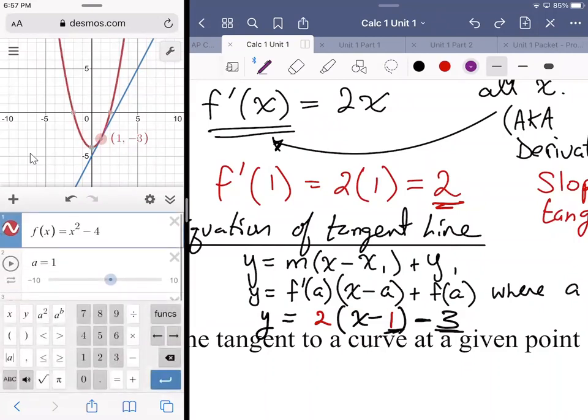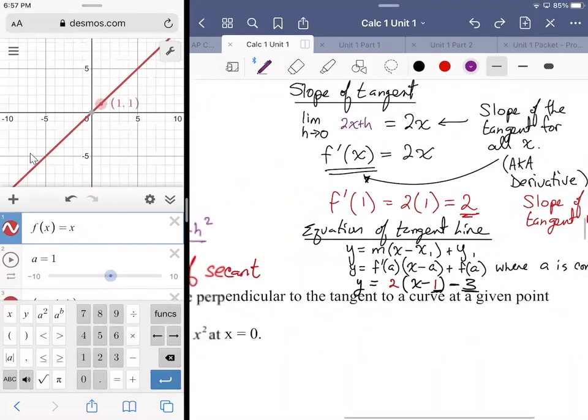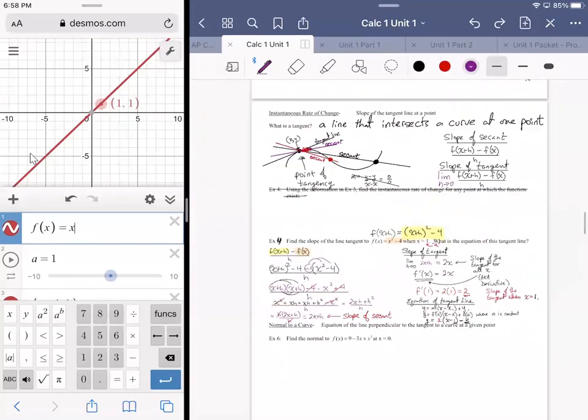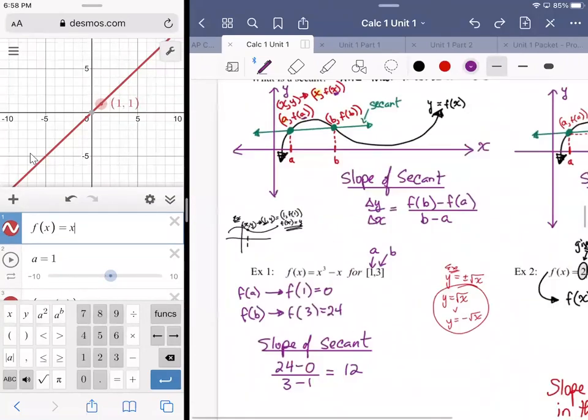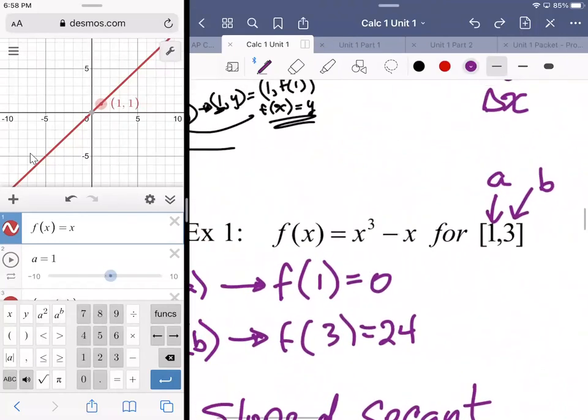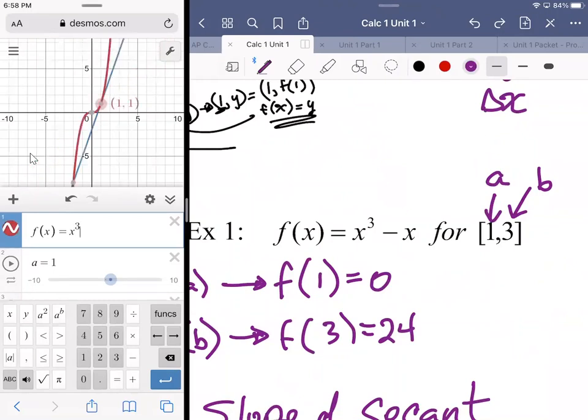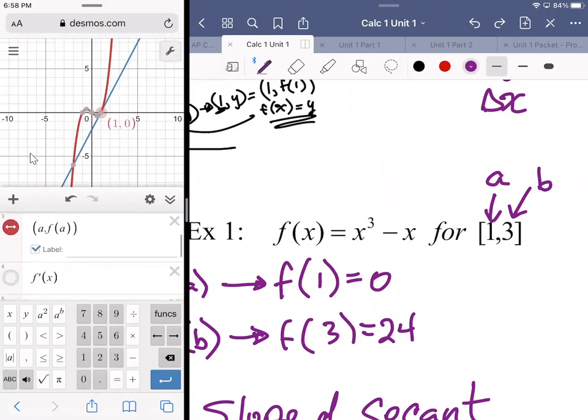Now, the benefit of doing it this way is, let's say I have another problem. Let me steal this one over here: x cubed minus x. Let's say I wanted to find the derivative at the x value of 1. I have it set to 1. It plotted my point 1, 0.